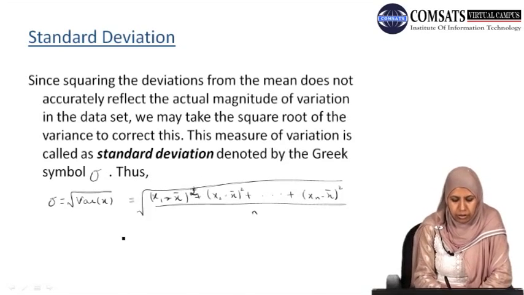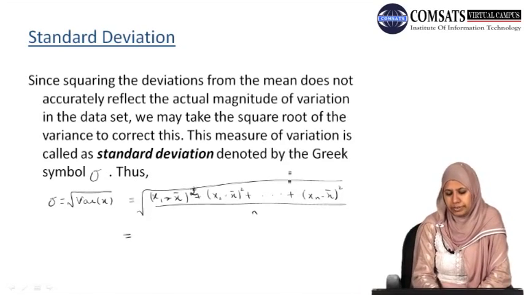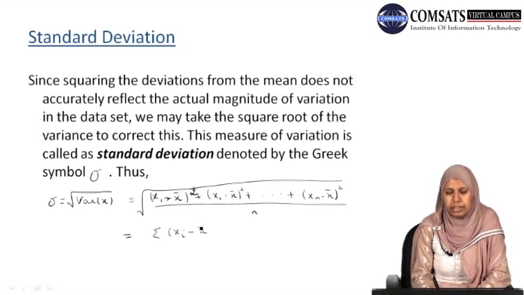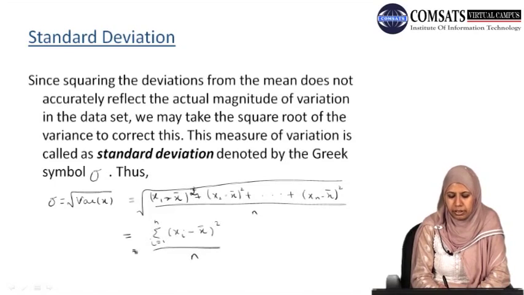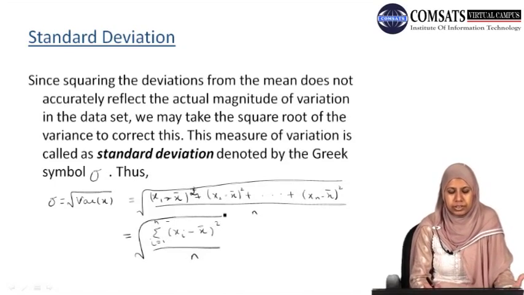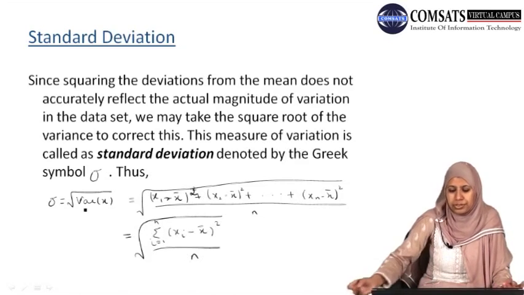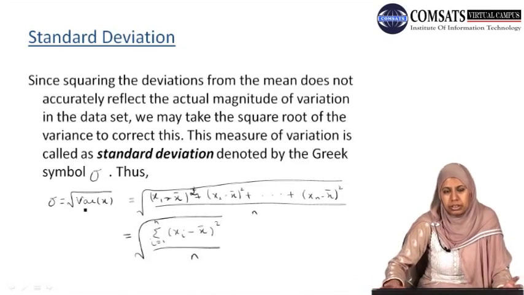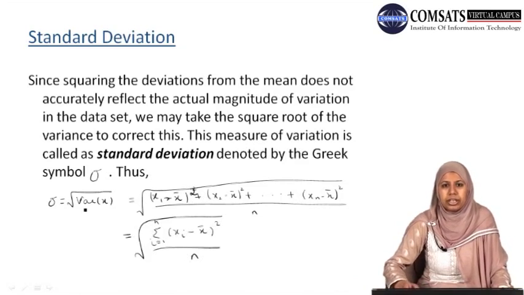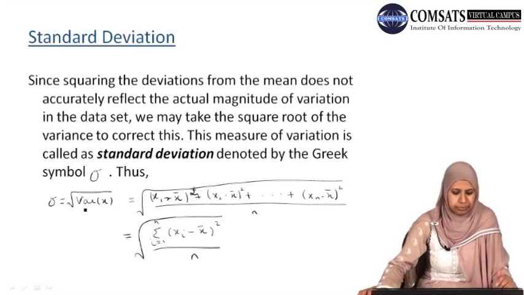Or we can write this sum inside the square root in summation form as the summation of these data points xi, difference with the mean, squared, where i is varying from 1 to n, divided by n, and taking the root. So standard deviation, which is nothing but the square root of our variance, is the most accurate measure which determines the variation of our data set points from the mean.